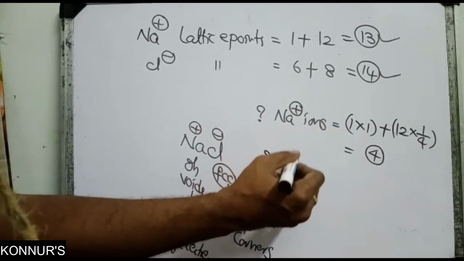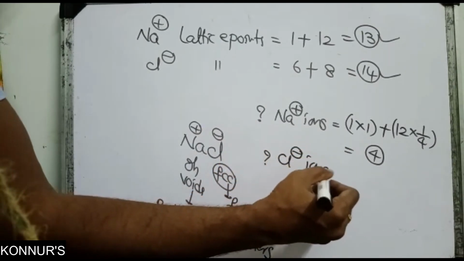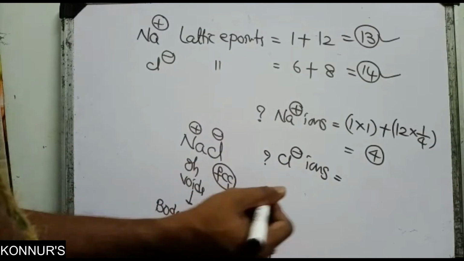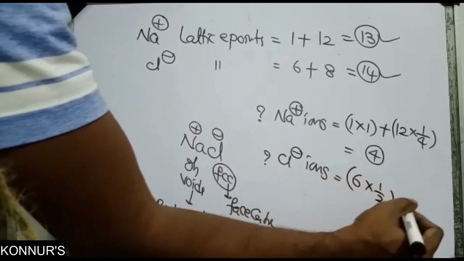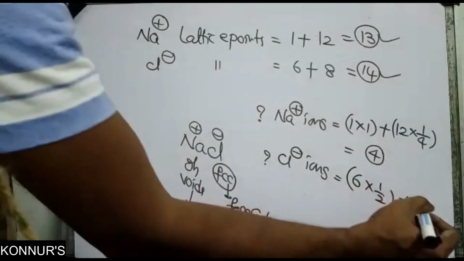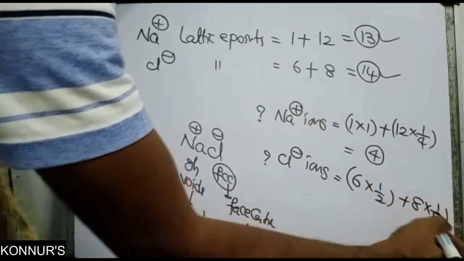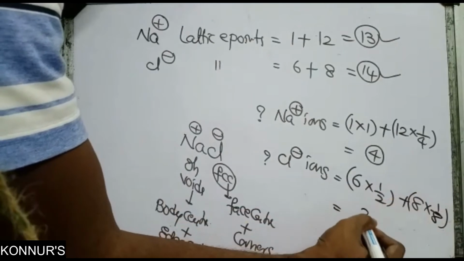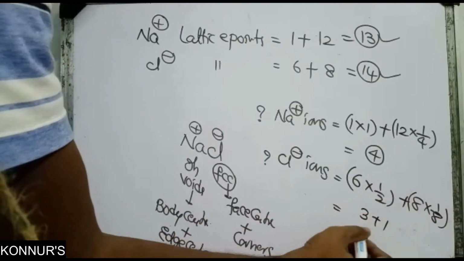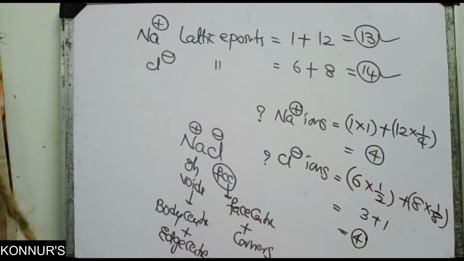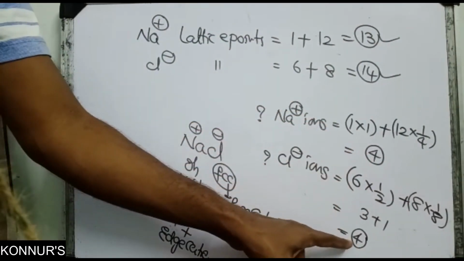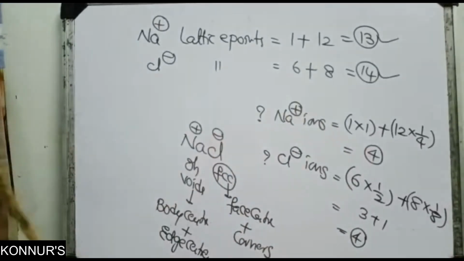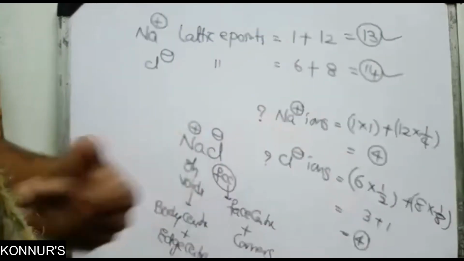Next, how many Cl- ions? Face centers, 6 into 1 by 2, that contribution, and corners, 8 into 1 by 8. So that is 3 plus 1, so this is also 4. So the number of Na+ ions is 4 and the number of Cl- ions is 4 in one unit cell. So that is 4 to 4, so 1 to 1.